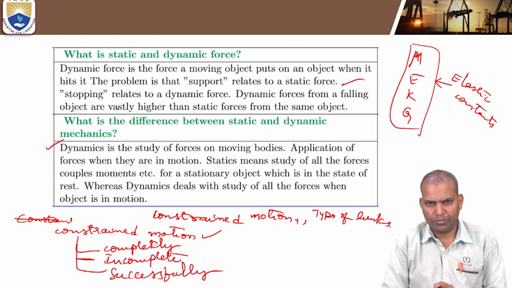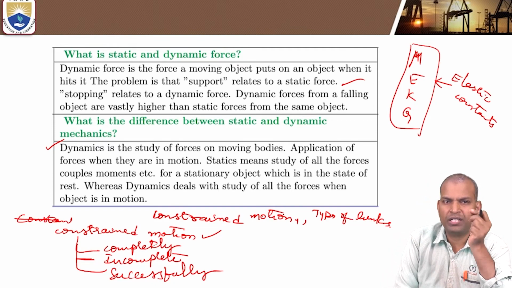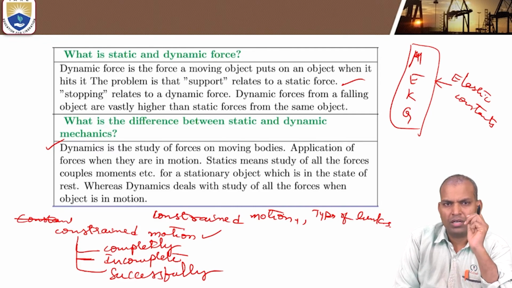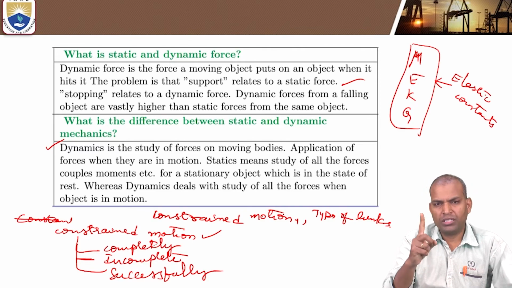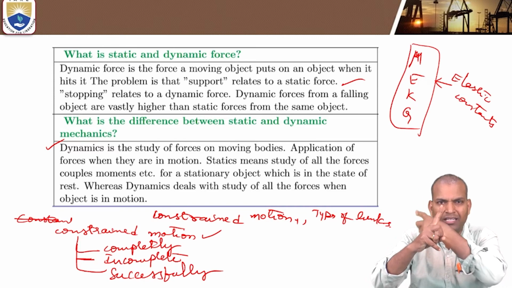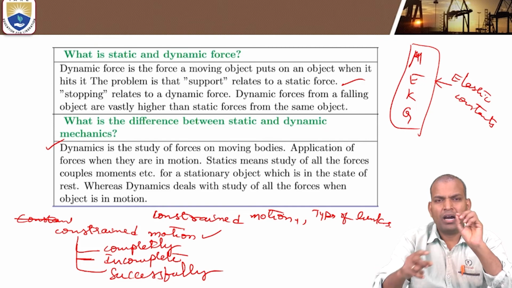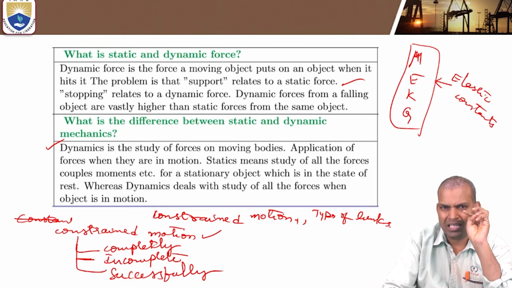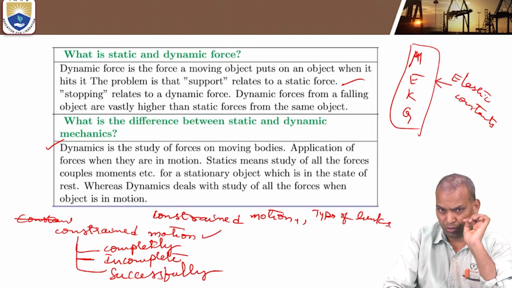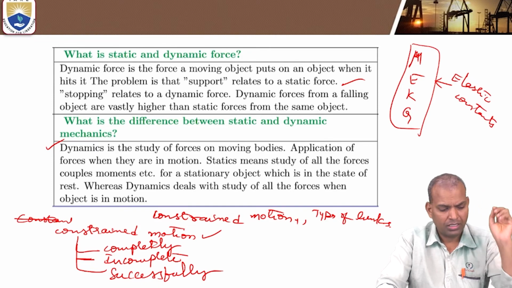Completely constrained motion means it has only one directional motion of one component with respect to another. Suppose your finger has only one direction of rotation. It doesn't rotate completely counterclockwise; yes, it may rotate, but this is the limitation. Or we can consider a rectangular rod moving in a rectangular hole. That motion is a completely constrained motion.